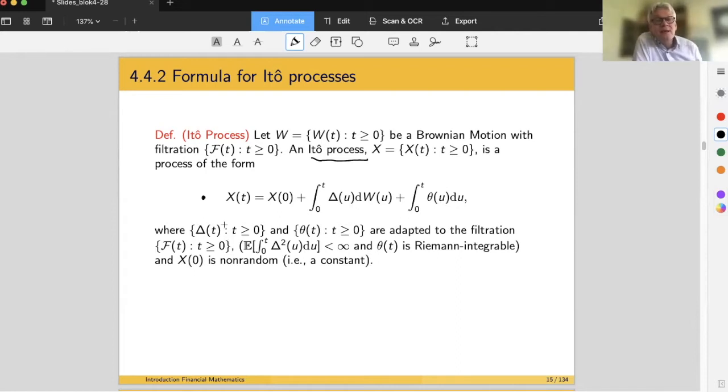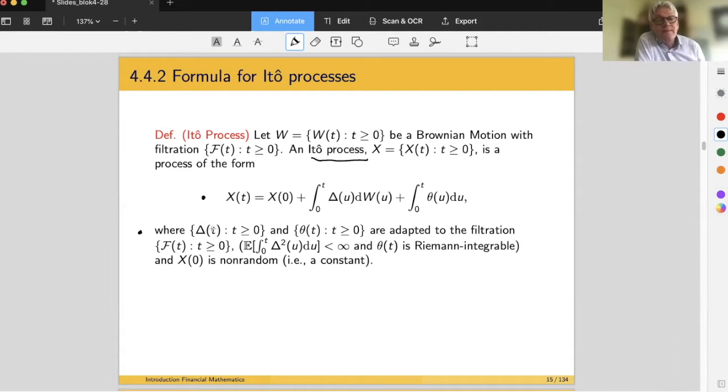And in detail, this delta(t), t greater equal to 0, as well as theta(t), t greater equal to 0, these are adapted processes adapted to the filtration F(t), t greater equal to 0. So we can benefit from all the properties of an adapted process.